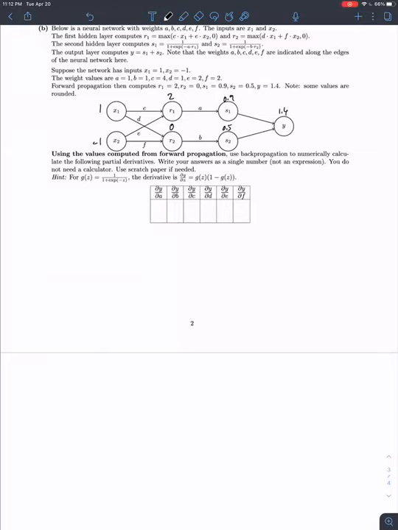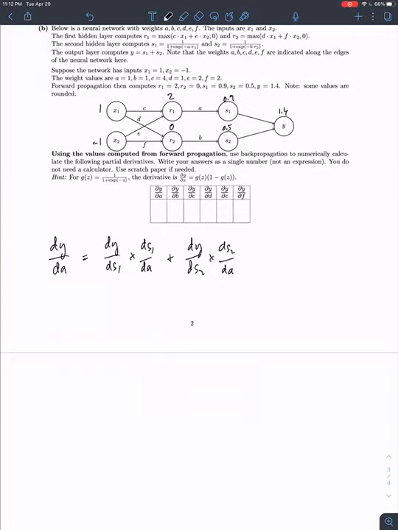All right. So what are we going to do? First we'll do dy/dA, right? Well, y is S1 plus S2, so really this is dy/dS1 times dS1/dA plus dy/dS2 times dS2/dA.